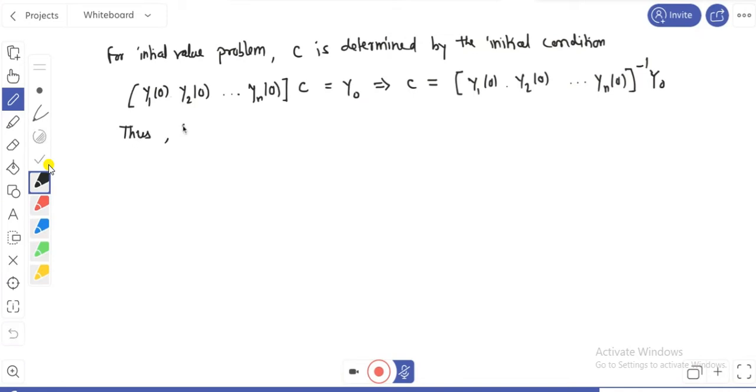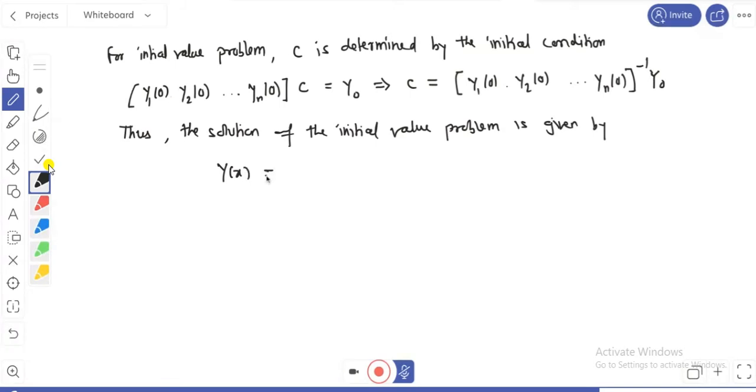That's the solution of the initial value problem. This is given by y(x).